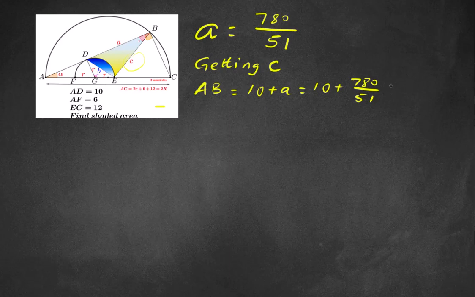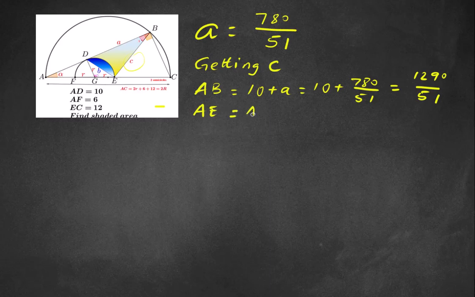We get 1290 over 51, and we will simplify this one later. If we divide by 3, we nearly get 43 over 17. So that will be the value of AB we are going to use to calculate C.